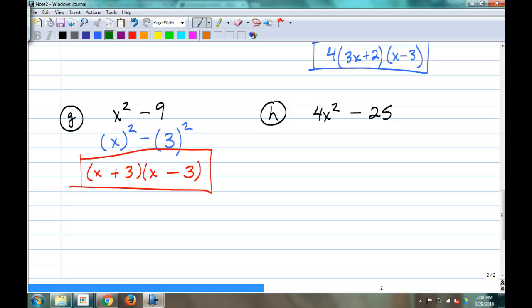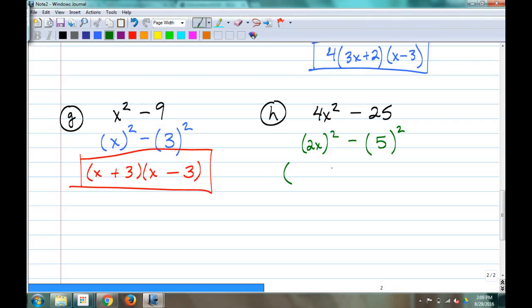Is there a greatest common factor to that one? No. How many terms? 2 with a minus sign in the middle. So that makes me think difference of squares. So I'm going to try to factor it as a difference of squares. Something squared minus something squared. What squared gets me 4x squared? 2x, good. 25 is coming from 5 squared.